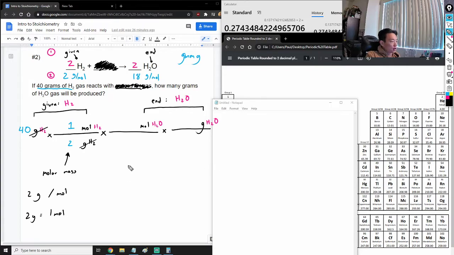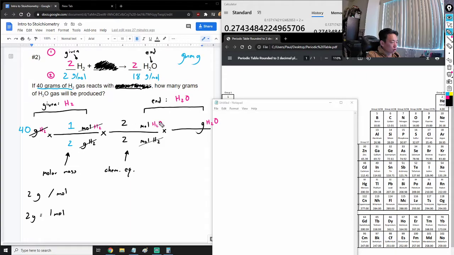Alright, let's move on. The second fraction, we said earlier, is going to get the numbers from the chemical equation. So we're going to use this right here. Now, before we do that, let's cancel out moles of H2. We want to get rid of moles of H2, so we're going to put moles of H2 on the bottom, and those are going to cancel out. The number next to H2 is going to be 2, and the number next to moles of H2O in the chemical equation is going to be 2.